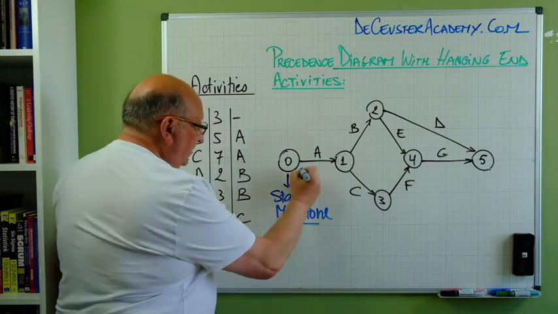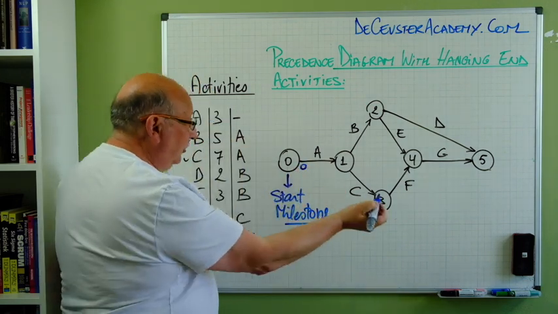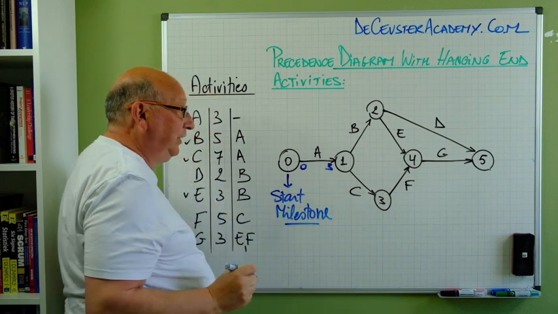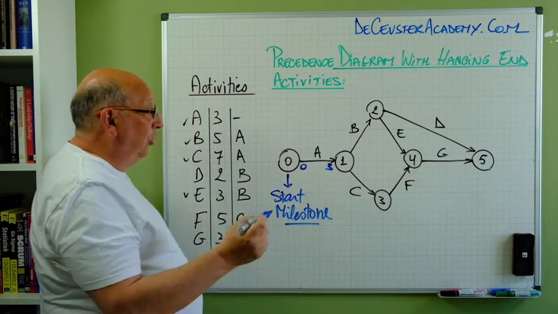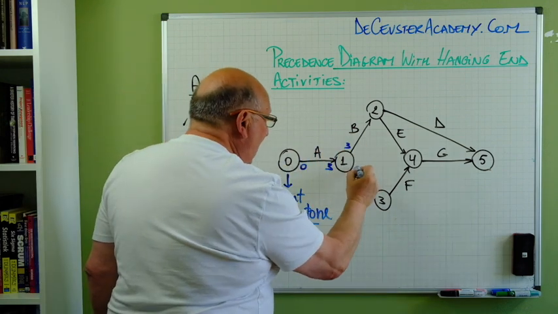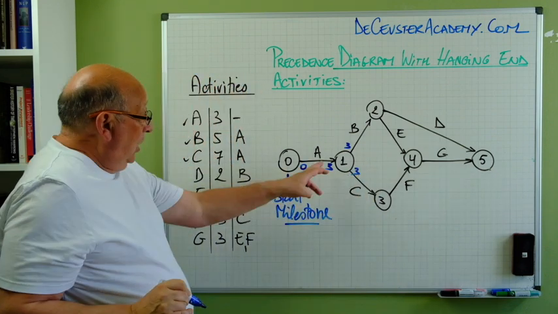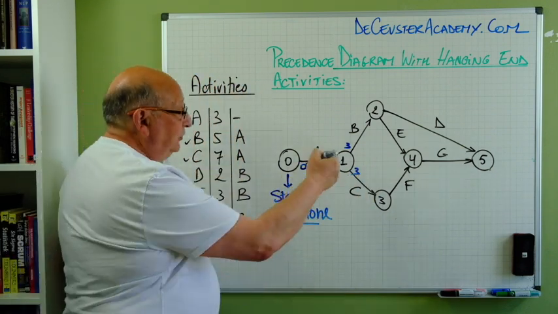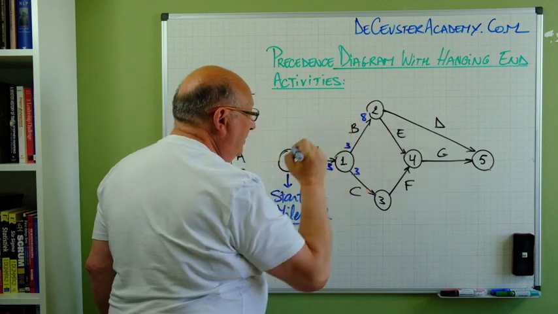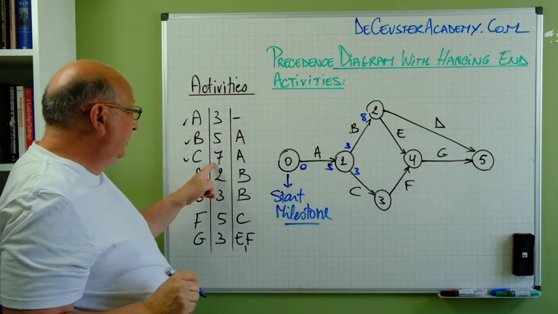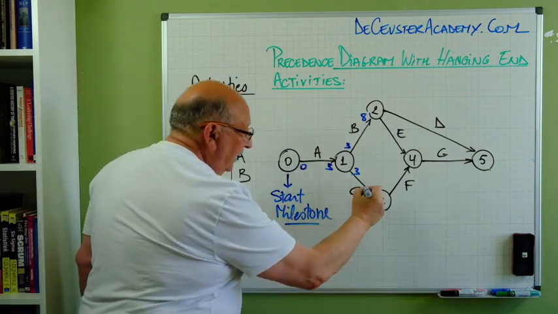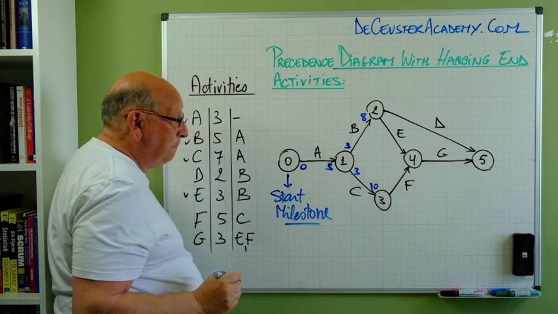So we start at 0, A has duration 3, so we end at 3. And 3 is also the early start of B and C. B has a duration of 5, so B will end at time 8. C has a duration of 7, so it will end at 10.